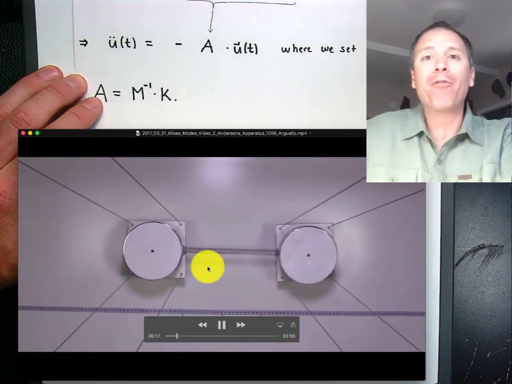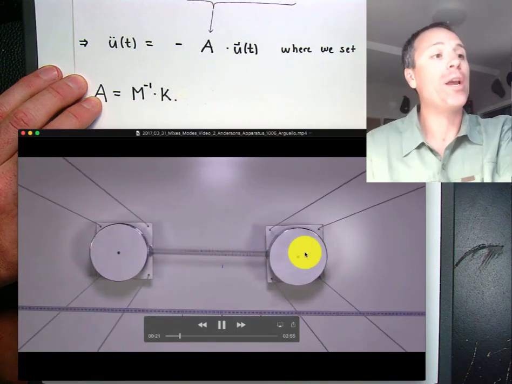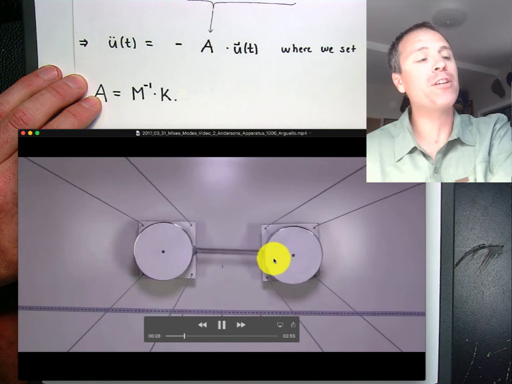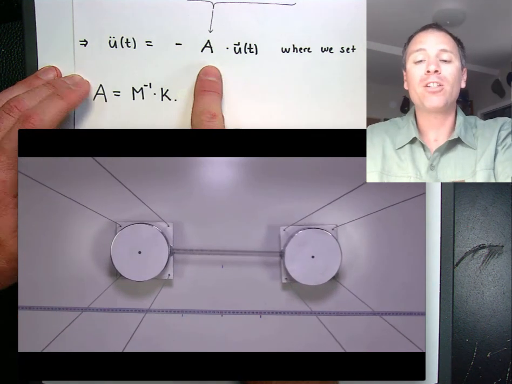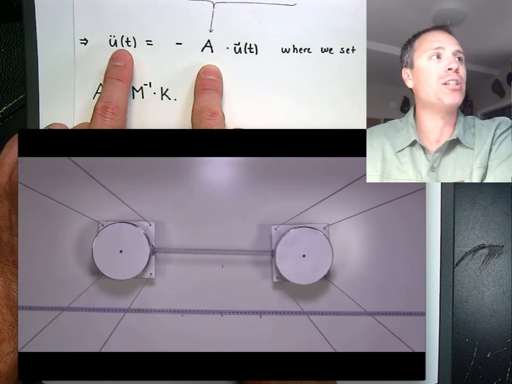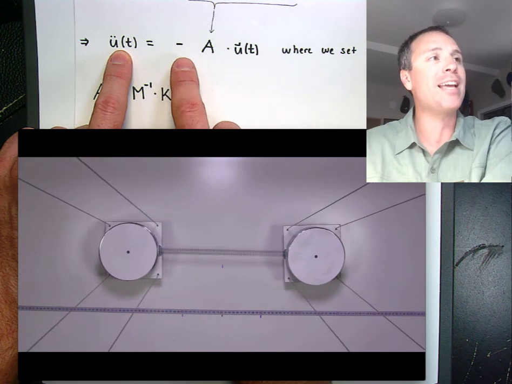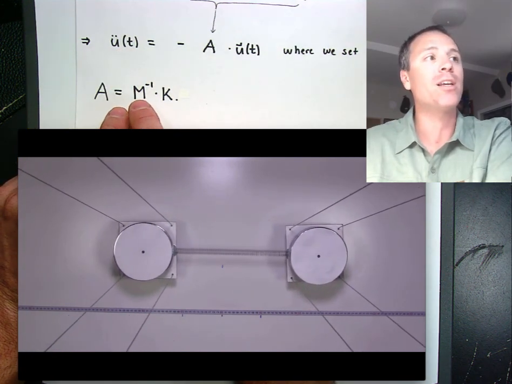We're claiming that if we can find functions u sub 1 and u sub 2, which are functions of t, that give a concrete representation of the displacement of these masses in this video, that problem is equivalent to solving this mathematical problem, which is finding functions that satisfy the second derivative is equal to negative A times u of t, where A is defined by the mass matrix times k.